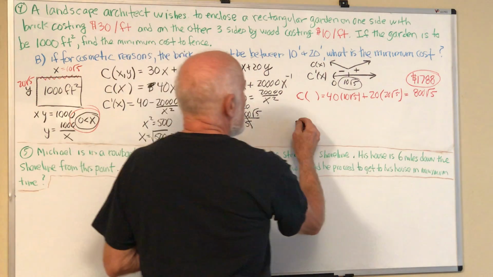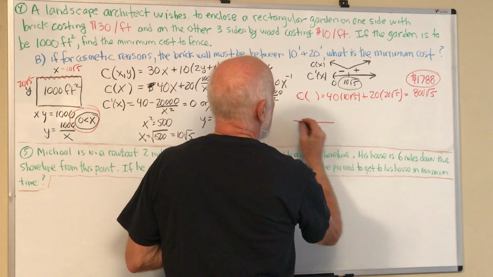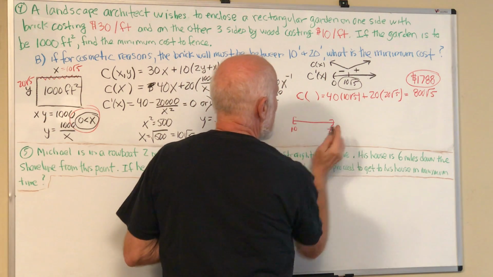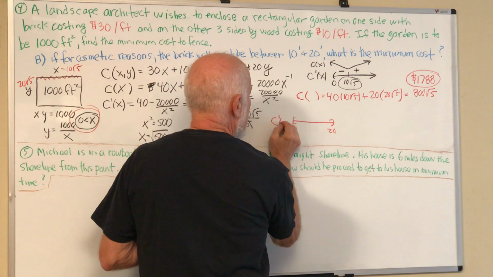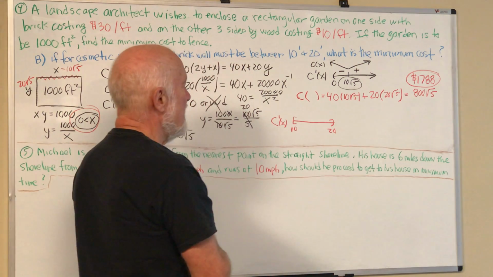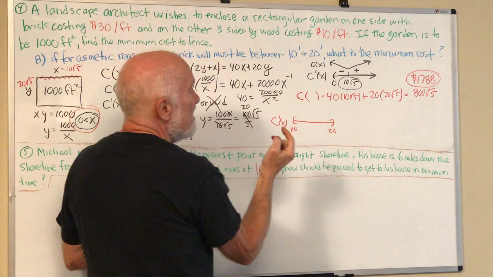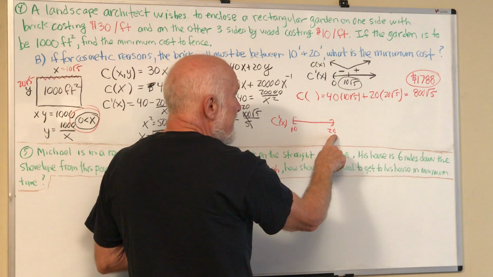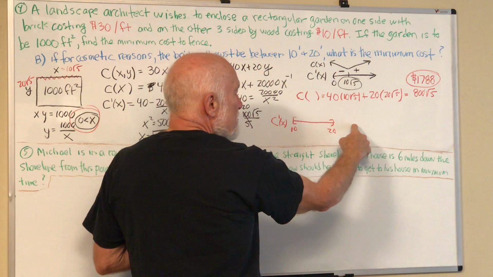So all we really have to do is rechange the domain, and we see, since 10 times the square root of 5 is bigger than 20, it's going to be over here.